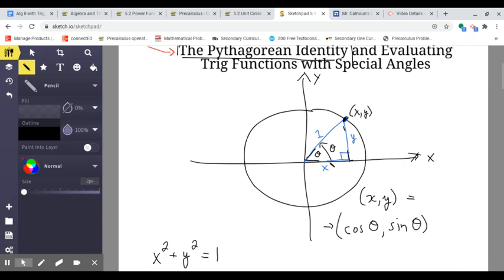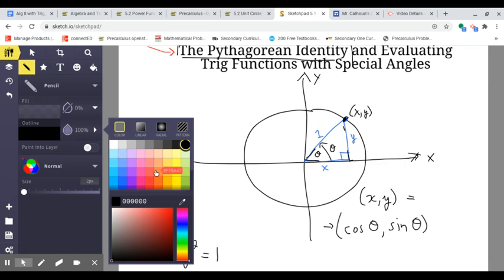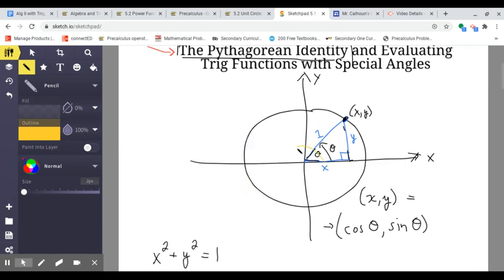But because in our case we have some unknown angle t, that just means that our point that we're considering is somewhere over here. And this little segment here, the soon-to-be hypotenuse of our right triangle, is here.